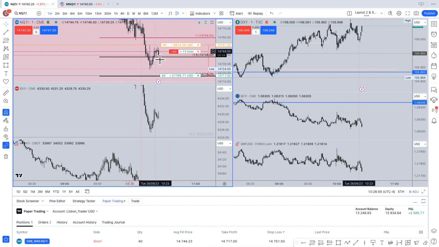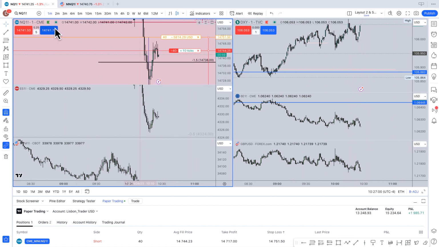It's going down 21k. Recoup some of these levels. Equity 15. Balance.